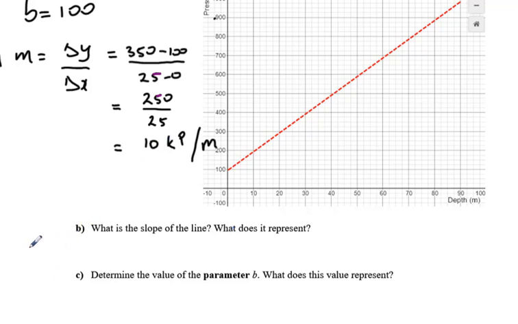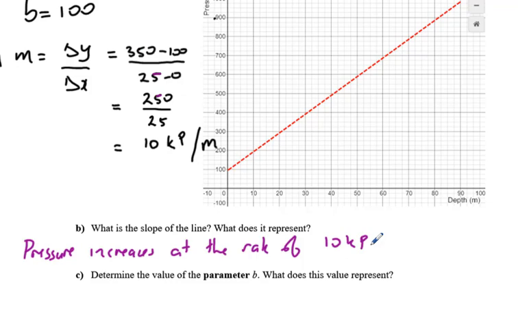So what we can write here is that pressure increases at the rate of 10 kPa per 1 meter of depth.